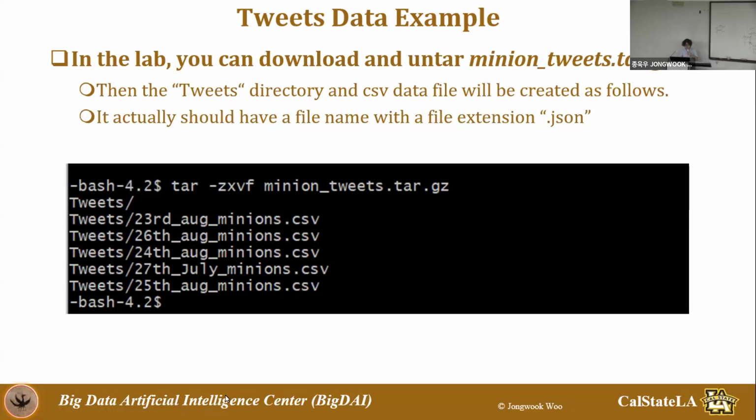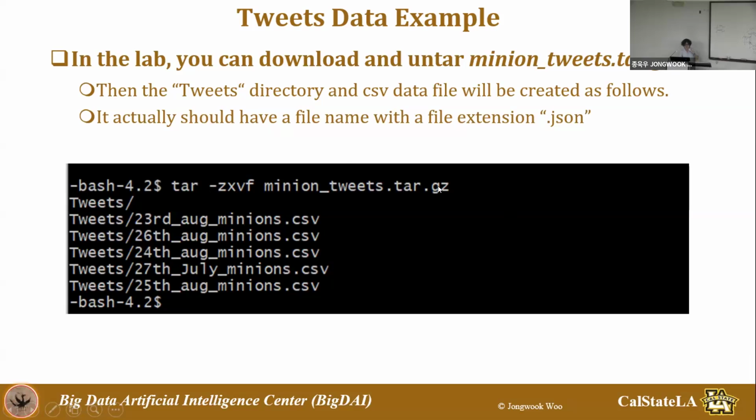So if you download the Minion tweets tar.gz file, tar and gz are to compress your file, and also you can maintain the structure of the folder, right? So you can untar it, uncompress it using the tar -zxvf command.